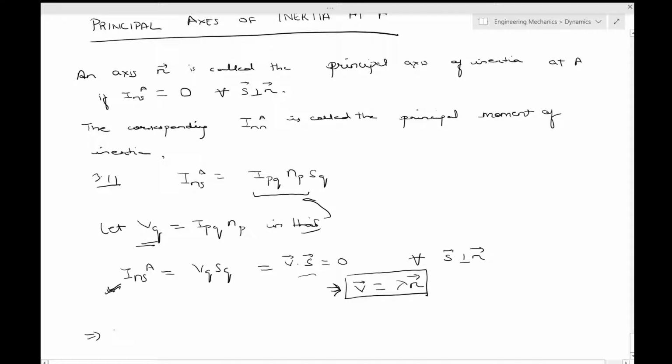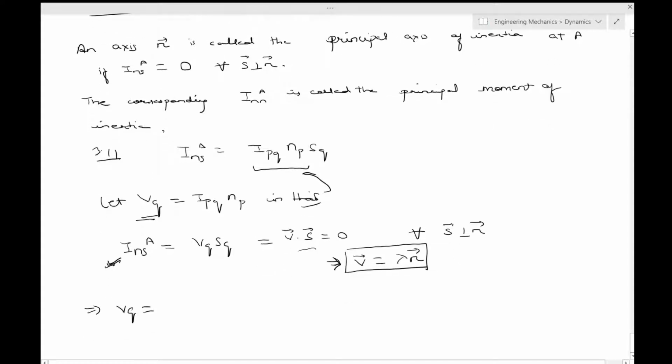Now once you write V_q, this I_pq we can also write as I_qp, just because it's symmetric. We have already shown that before. Now V_q will also be equal to I_qp n_p. This would mean that this is equal to lambda n_q, because V is equal to lambda n.